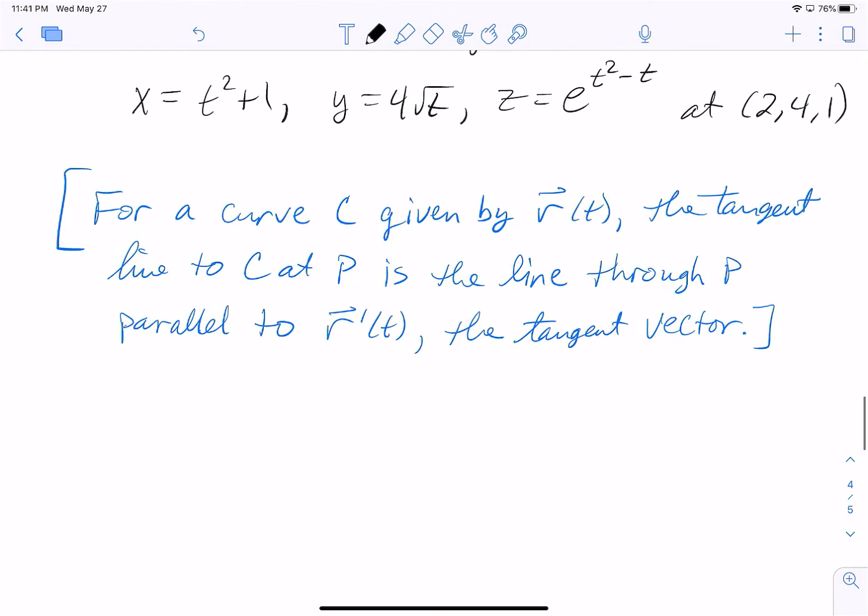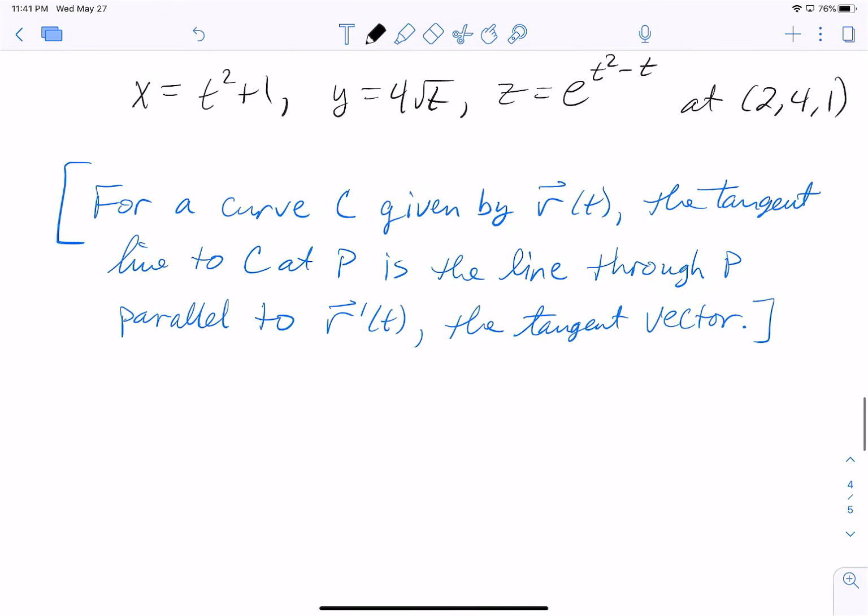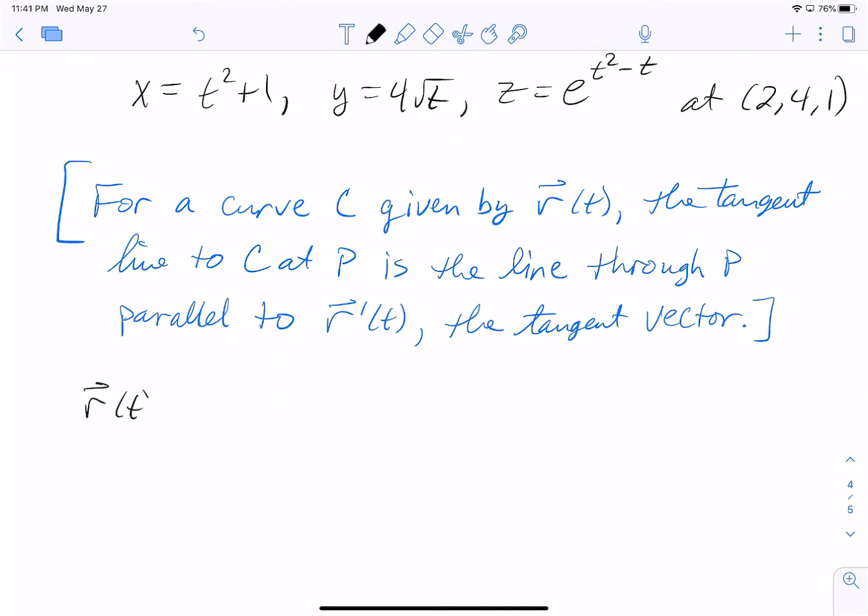And even though we were given the curve in parametric form, we can write it as a vector. R of t is equal to t squared plus 1, 4 times the square root of t, e to the t squared minus t.